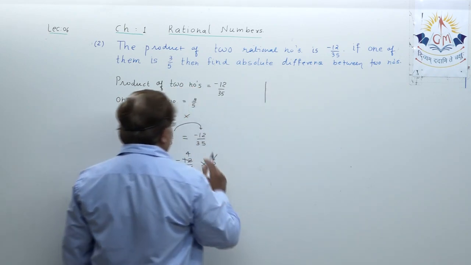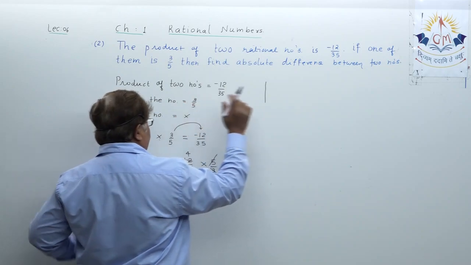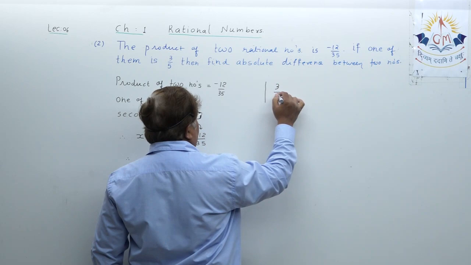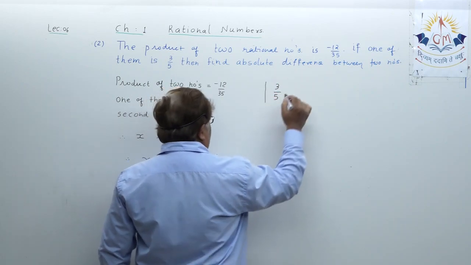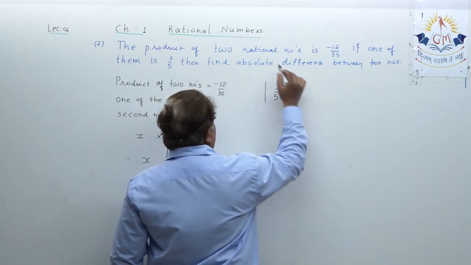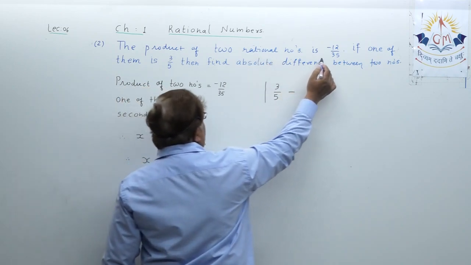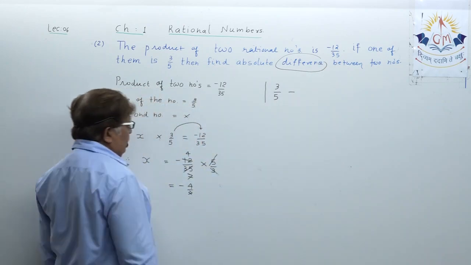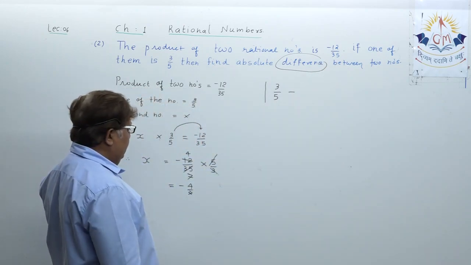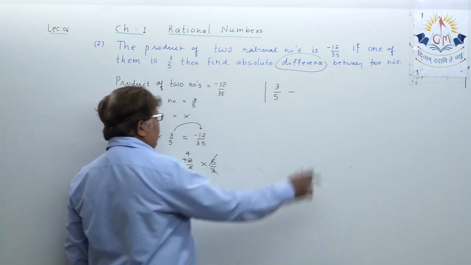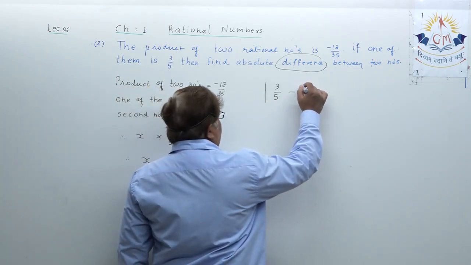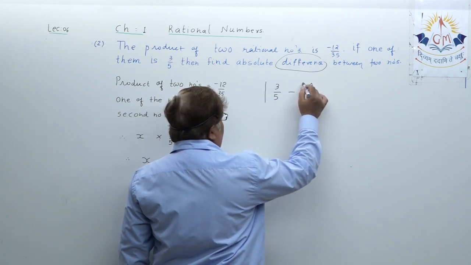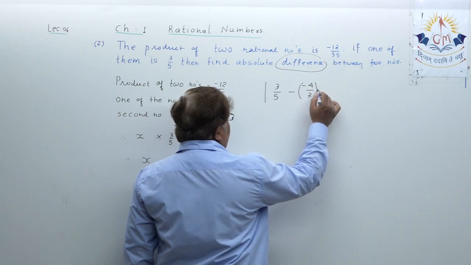In modulus sign, let me write the first number 3 upon 5 minus, because I need to find the difference, 3 upon 5 minus this one, minus 4 upon 7. You understood this?